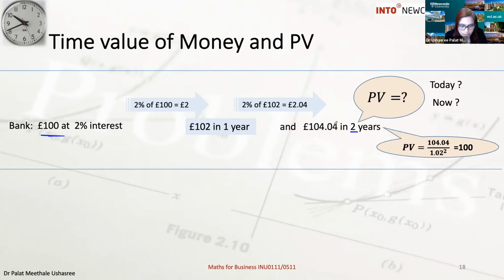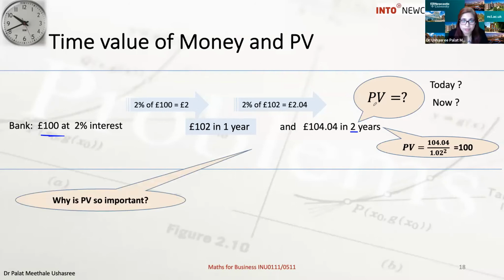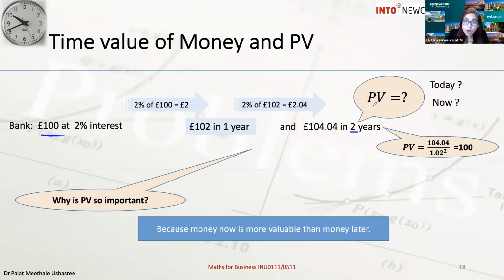Okay. So why is this present value so important? You already know the answer now, yeah? Simply because the money now is more valuable than the money later, isn't it? Because you can now invest this money in something else and maybe make some profit also, yeah.